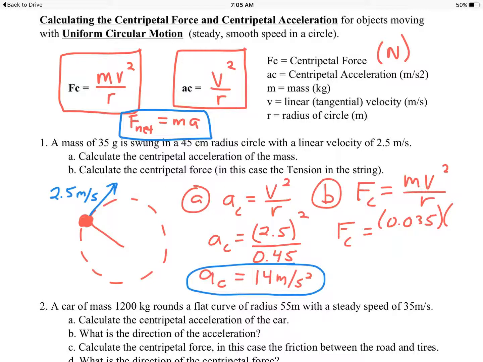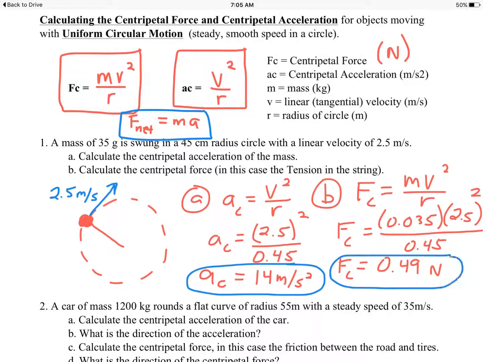It's 0.035 kilograms times the 2.5 meters per second velocity squared over the radius, once again, 0.45 meters. The centripetal force in this case comes out to be 0.49 newtons, directed towards the center. That's how tight the string is. That's the tension in the string pulling on the ball, keeping it in the circular motion.